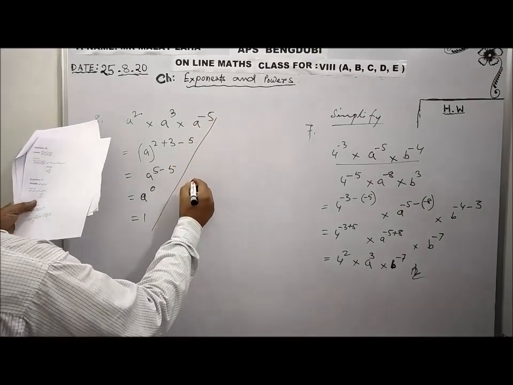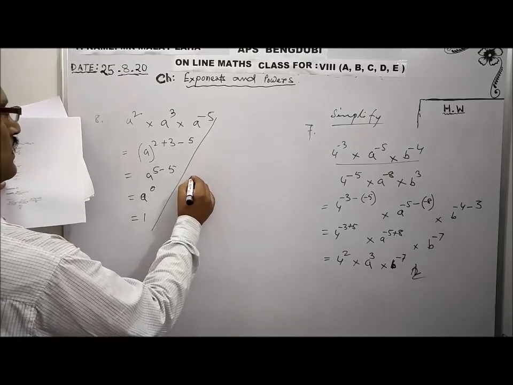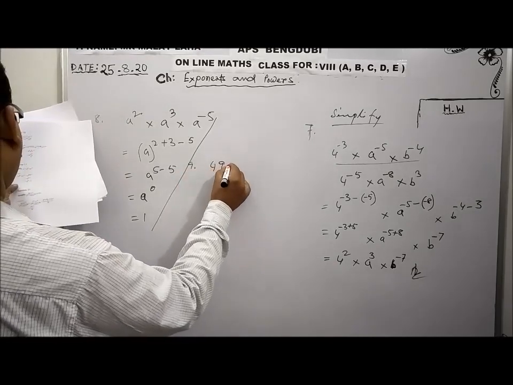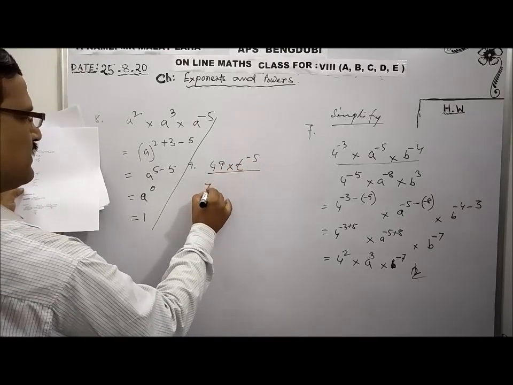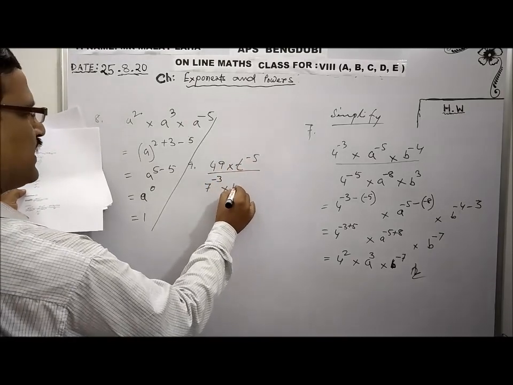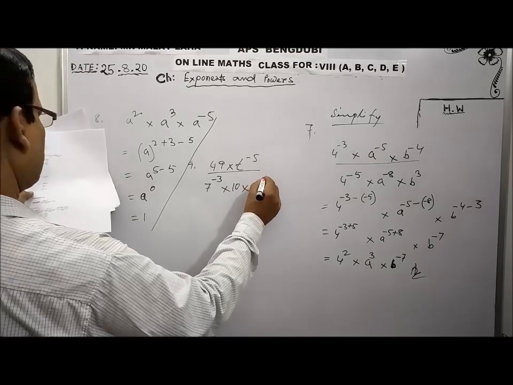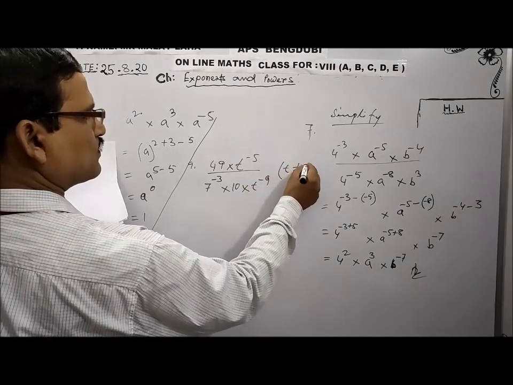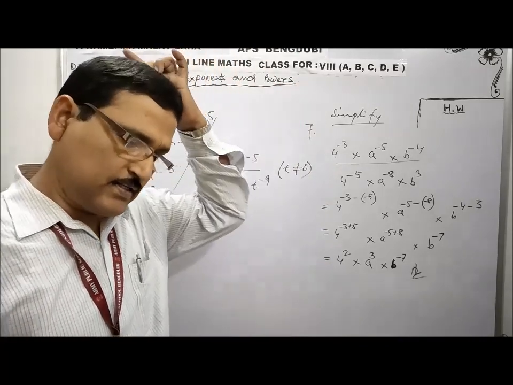Now here I am doing another one. Question number 9. So 49 into t raised to minus 5 by 7 raised to minus 3 into 10 into t raised to minus 9, where t not equal to 0. Whatever the questions given in alphabet, that is not equal to 0.